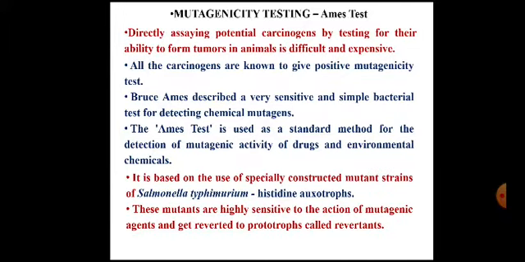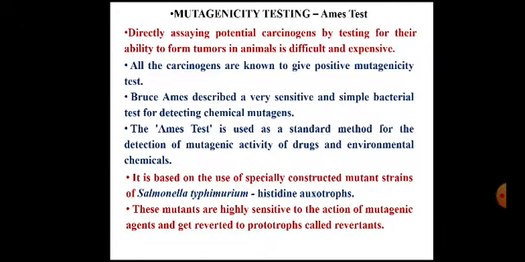It is based on the use of specially constructed mutant strains of Salmonella typhimurium. This Salmonella typhimurium is an auxotrophic mutant. It is auxotrophic for the amino acid histidine. That means it requires histidine for its growth. In absence of histidine, the organism is unable to grow.